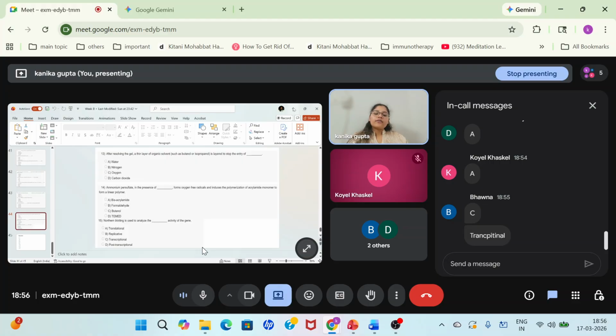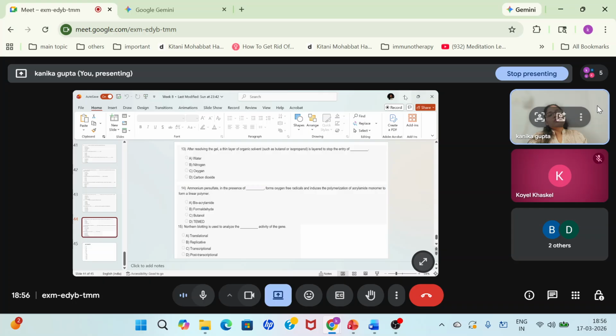Are you understanding these techniques, northern blotting, southern blotting, western blotting? If you think of making your career in molecular biology further, it will be very helpful for you. You must understand these techniques.